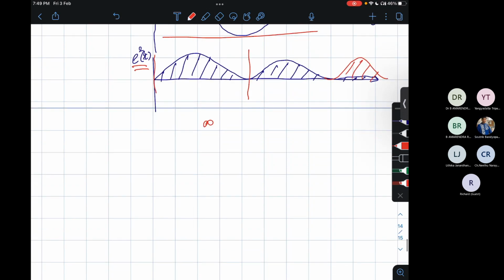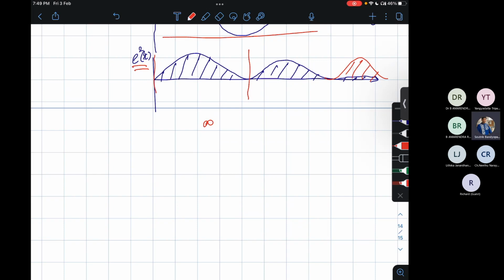So intuitively, if a function has to go to 0 at infinity, the area must converge to a finite value. Because there is a contradiction. If the area is infinite, this implies that the function must have a non-zero value of e square as time tends to infinity.